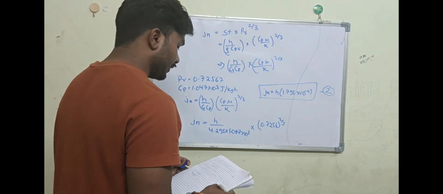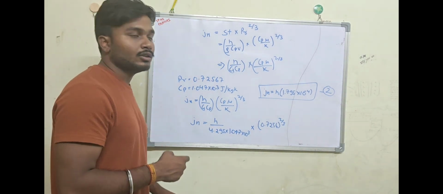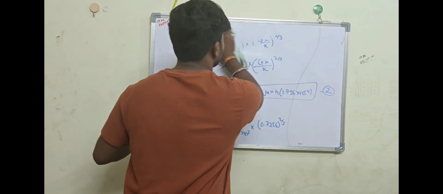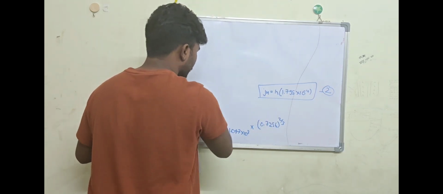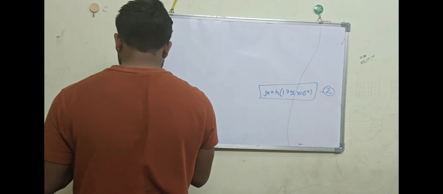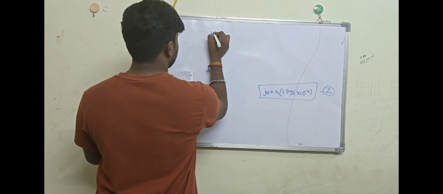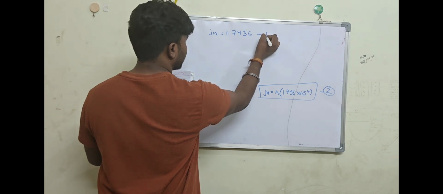So we will equate equations 1 and 2, and from there we will calculate the value of H. Earlier we had calculated that JH equals 1.7436 as equation 1.